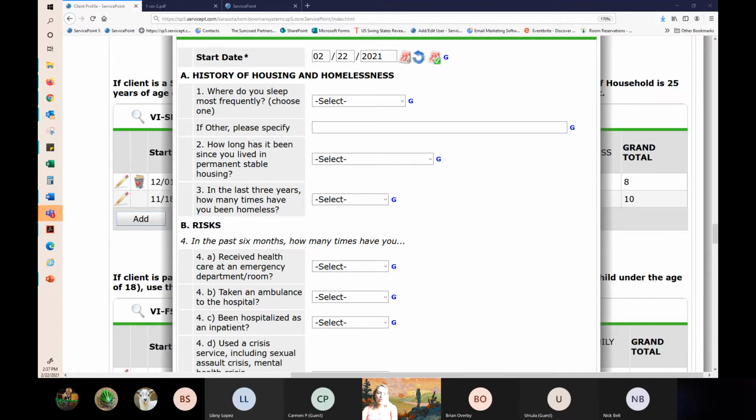So you would just respond both drug and alcohol. And then, of course, for clients who only identify one or the other, you would respond with one or the other.